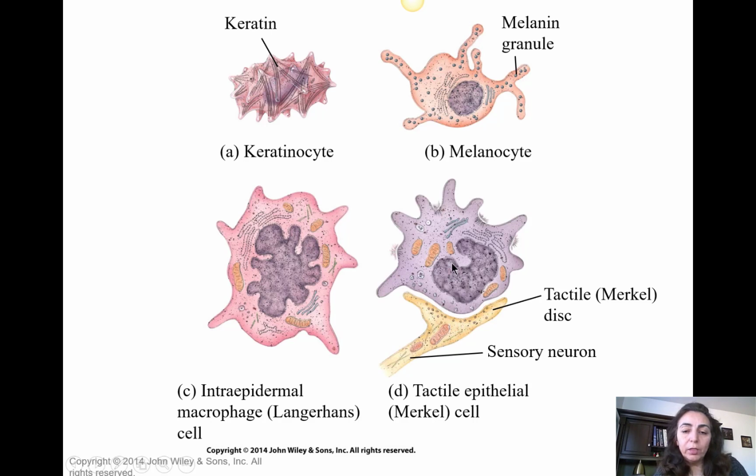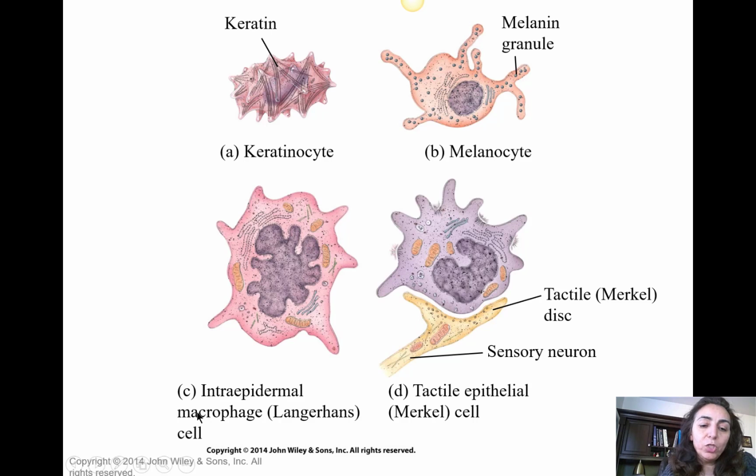Whenever the fine touch pushes these cells, the tactile cell, and it hits the tactile disc here, it produces an action potential here that is transferred through the whole sensory neuron to get to the central nervous system, and that's the way that these cells are transferring the sense of touch, light touch.